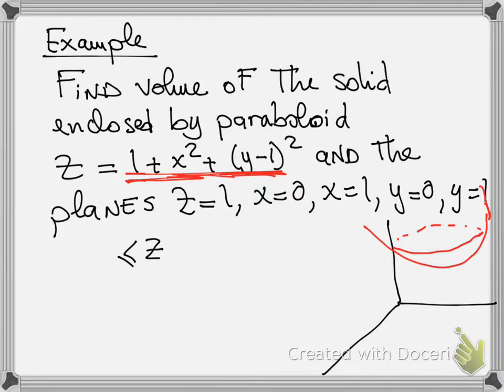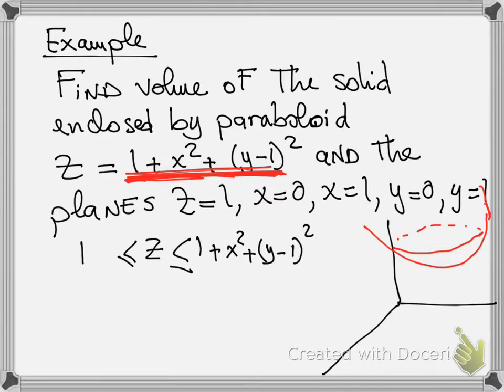If x is 0 and y is 0, you get 1. If x is 0 and y is 1, you also get 1. Otherwise, you get a number larger than 1, because it's 1 plus positive numbers or 0. So your z is between 1 and 1 plus x squared plus (y minus 1) squared.